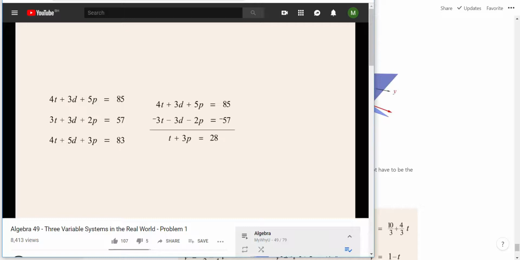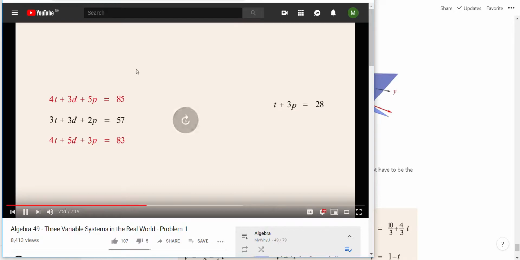This gives us the equation t plus 3p equals 28. Now we eliminate d again, using a different pair of equations.